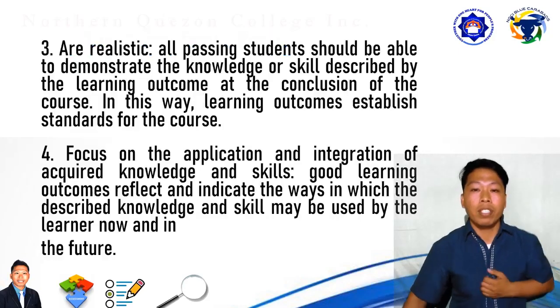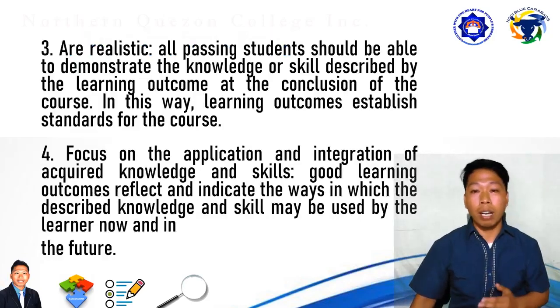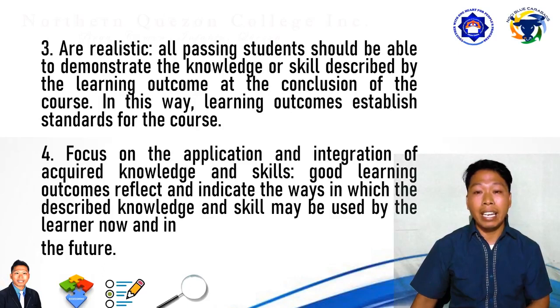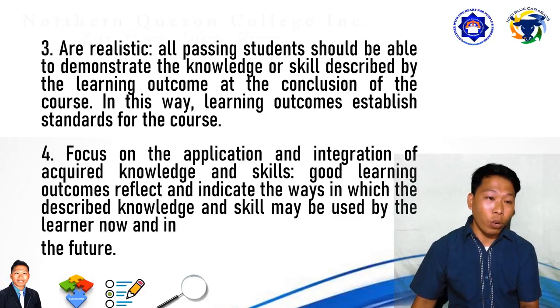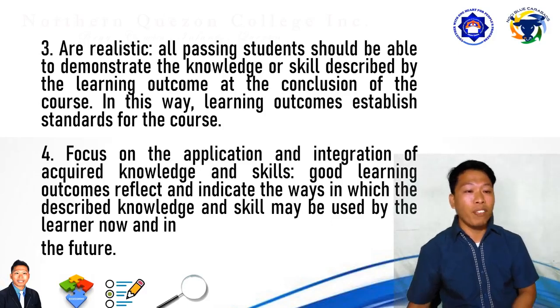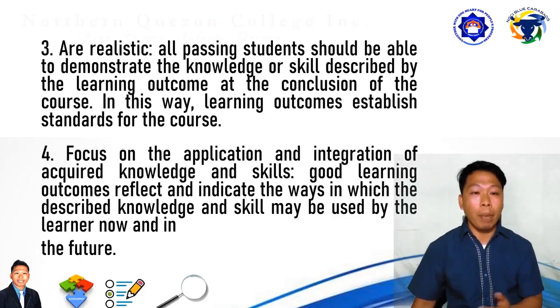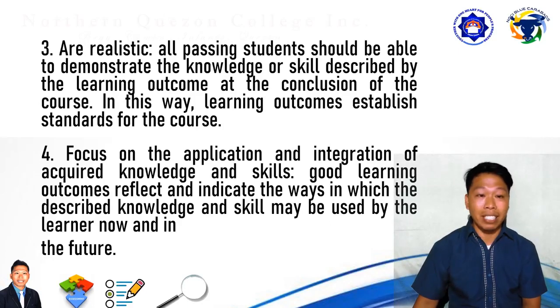Number three, our learning outcomes should be realistic. All passing students should be able to demonstrate the knowledge or skill described by the learning outcome at the conclusion of the course. In this way, learning outcomes establish standards for the course. Number 4, focus on the application and integration of acquired knowledge and skills.